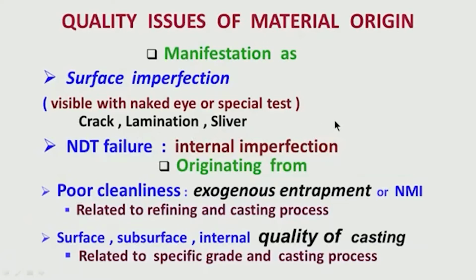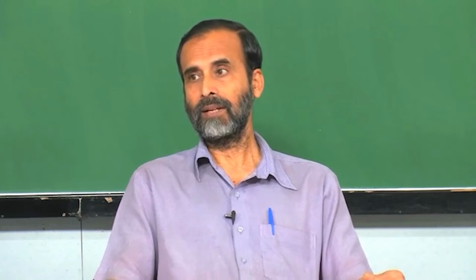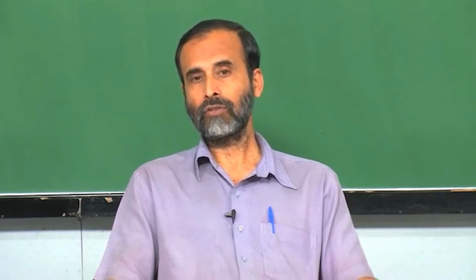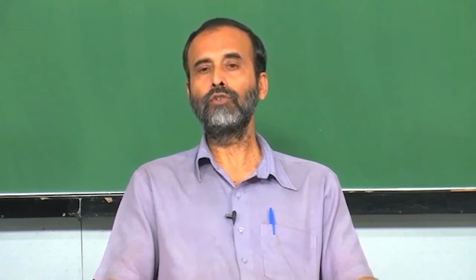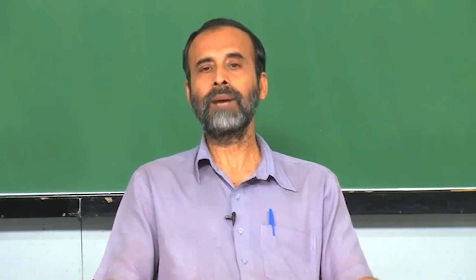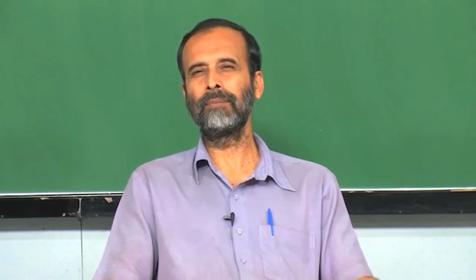I have given certain examples, like there may be some surface crack, there may be a lamination, as if two surfaces are existing side by side, there may be a sliver. Basically it means a very thin line of defect on the surface. So, these are all called surface imperfections, which you do not want to be present on the surface, because this might lead to undesirable performance of the product.